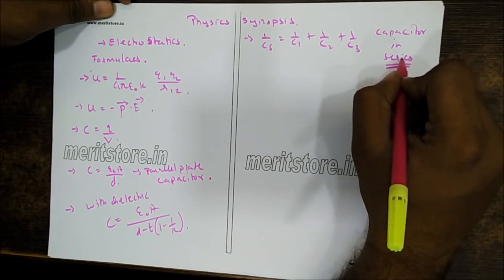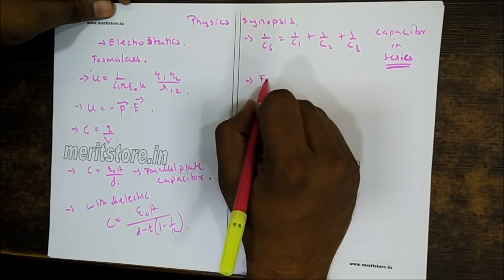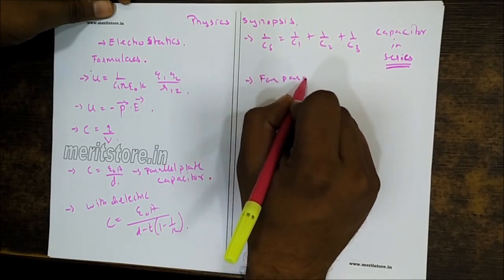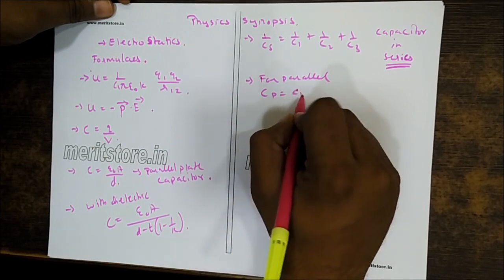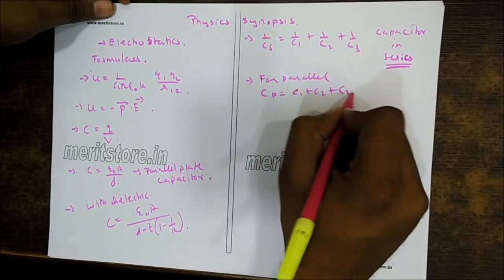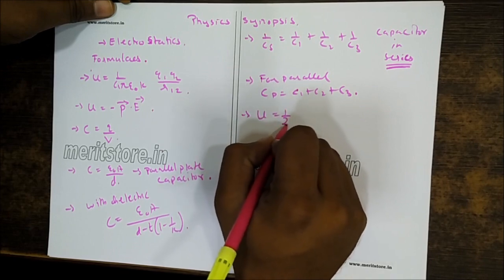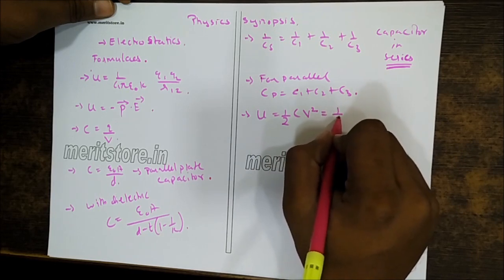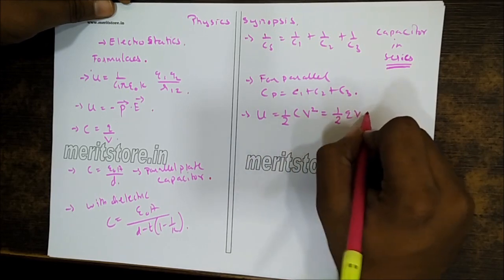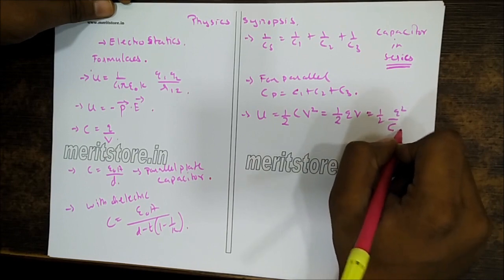Please focus. Capacitors in series. And for parallel capacitors, Cp is equals to C1 plus C2 plus C3. U is equals to half CV square, that is equals to half QV is equals to half Q square upon C.